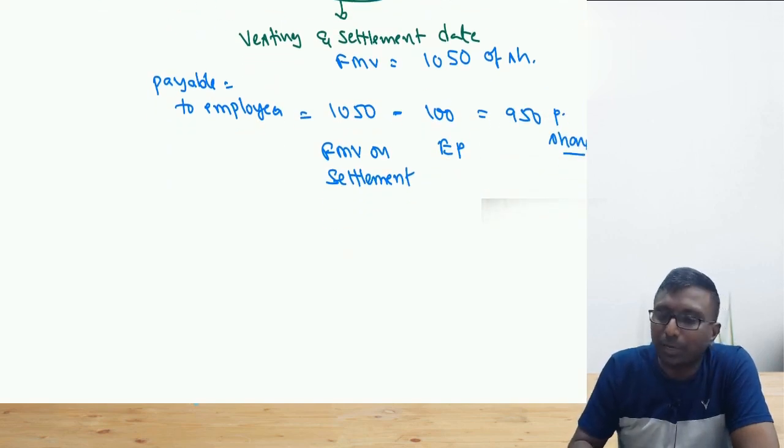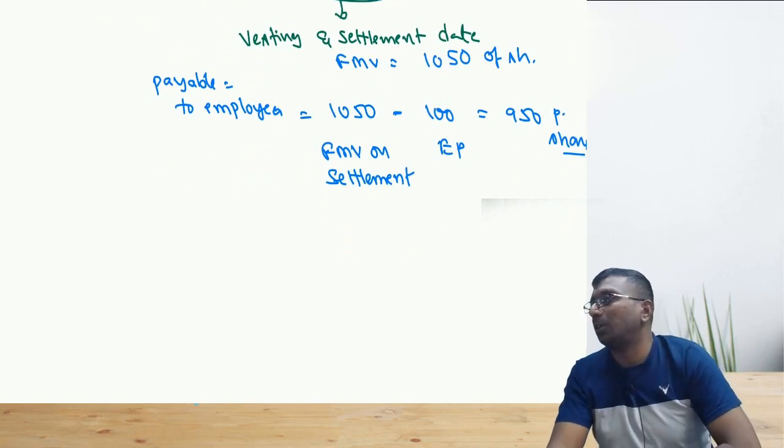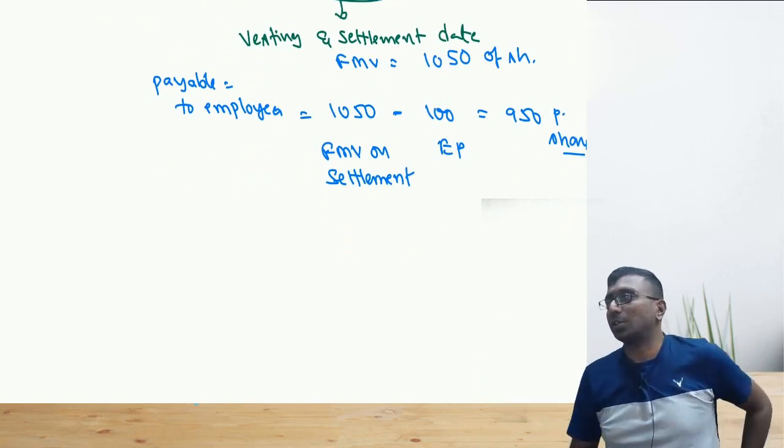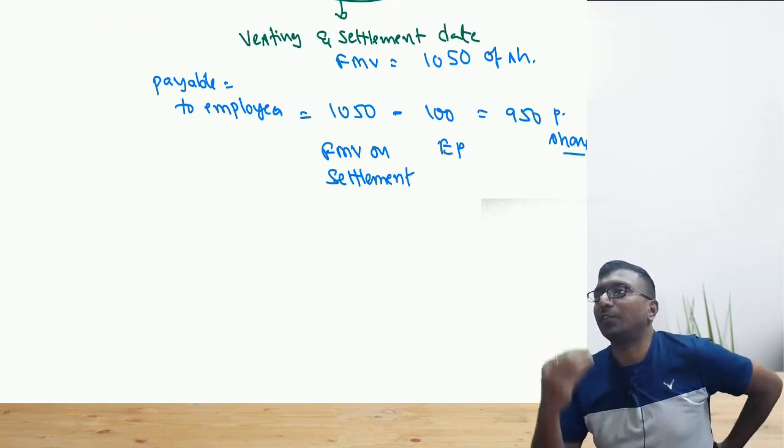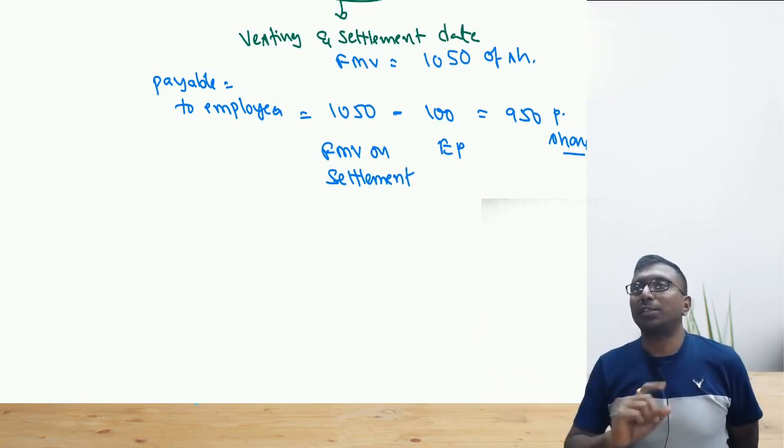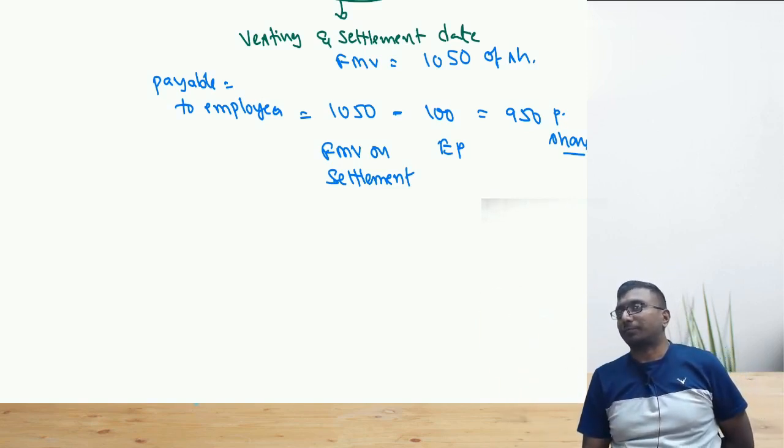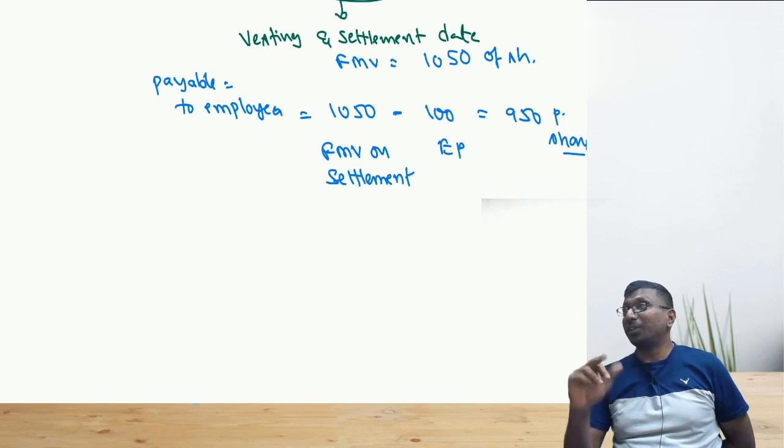How many shares did I promise? You multiply by the number of shares. You are eligible for 1000 shares, so 950 into 1000, 9,50,000 is given. Each employee will decide it. Now read the SAR: Share Appreciation Right.